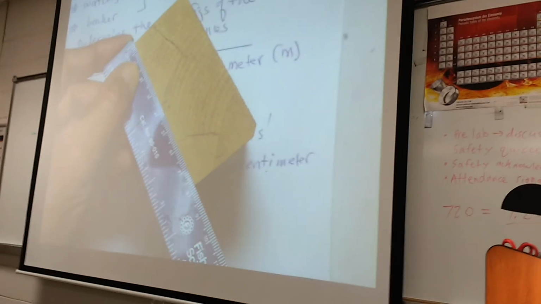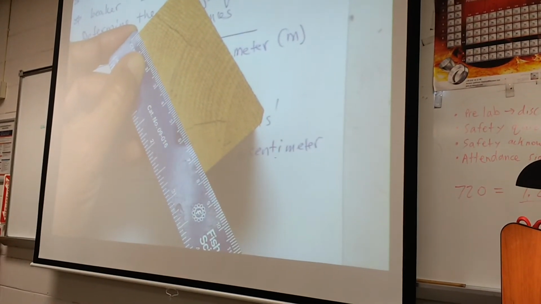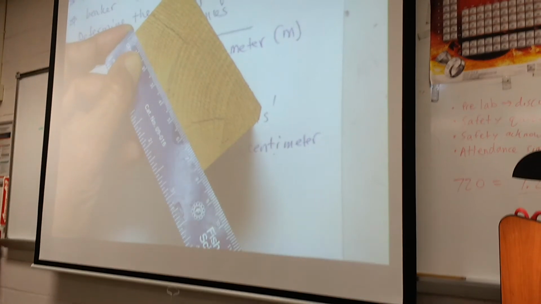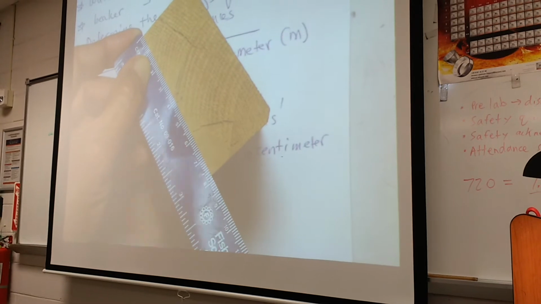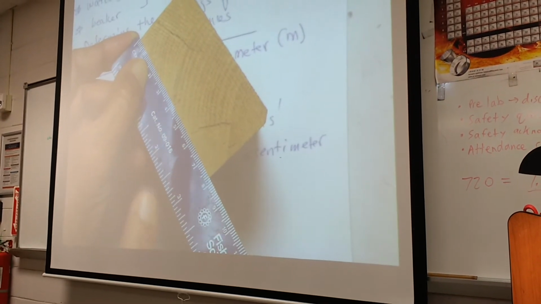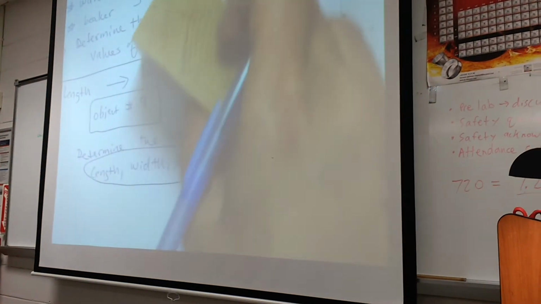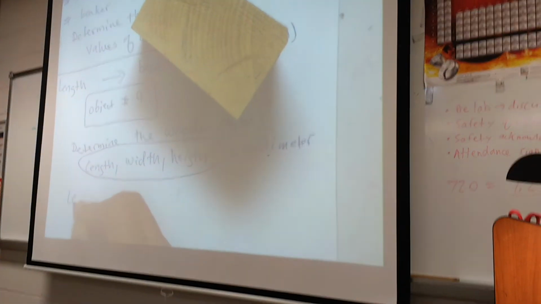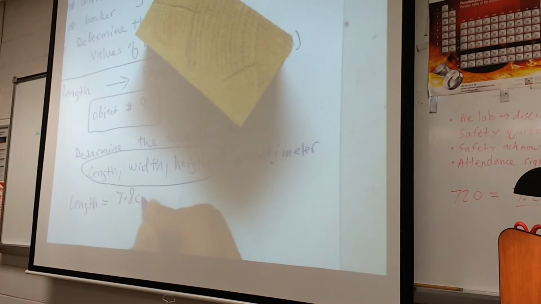How much is it now? 7 point what? 7.8. You can see it's 7.75, 7.8. This is not really precise, but we'll take it as 7.8 to significant figures. So we say the length of this object is 7.8 centimeters.